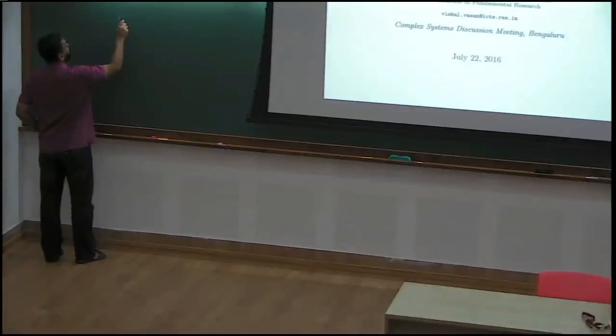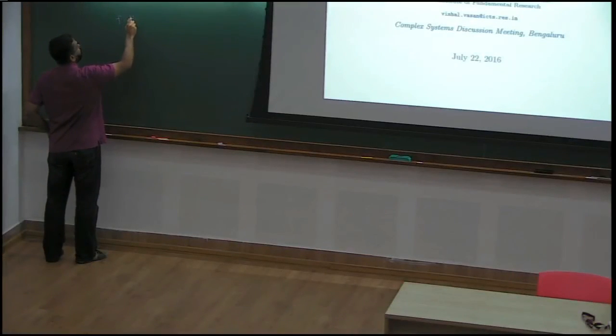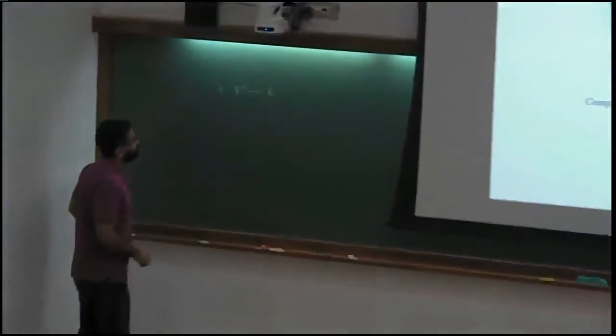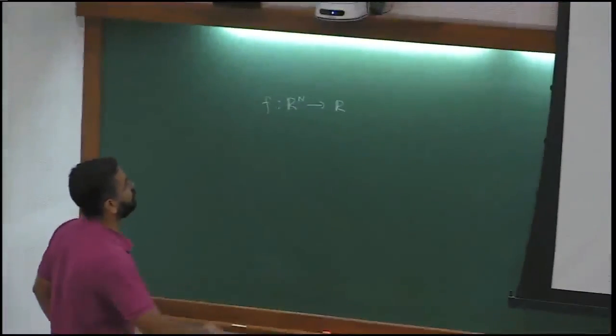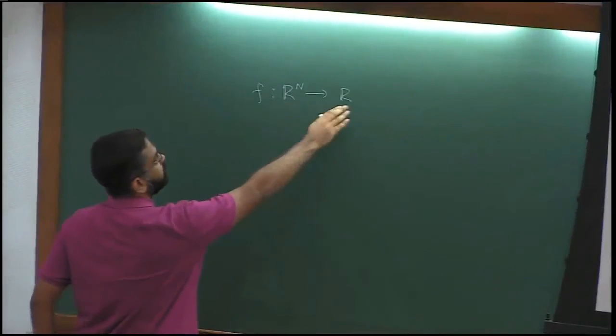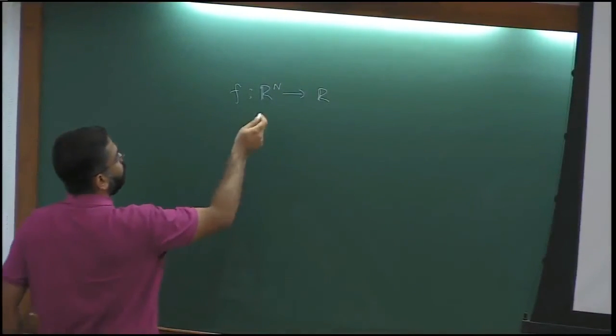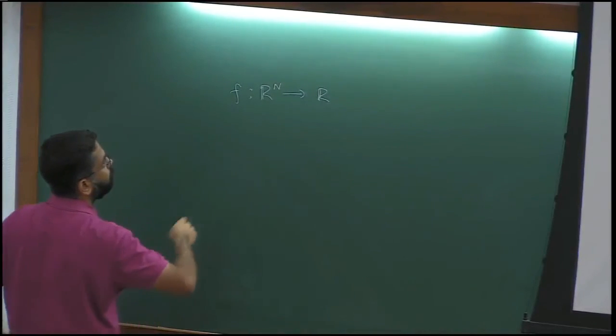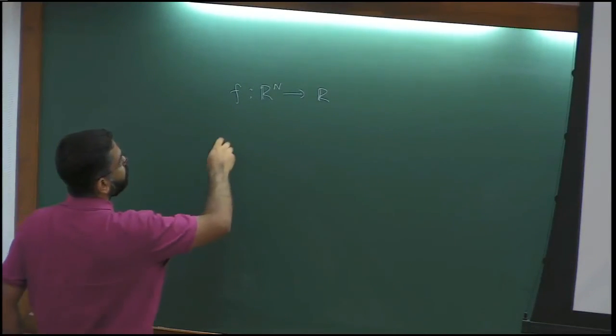Suppose you have a function f, and let's say it maps to real numbers, so it takes a lot of variables and gives you a scalar function. And what you want to do is find the minimum of this function.